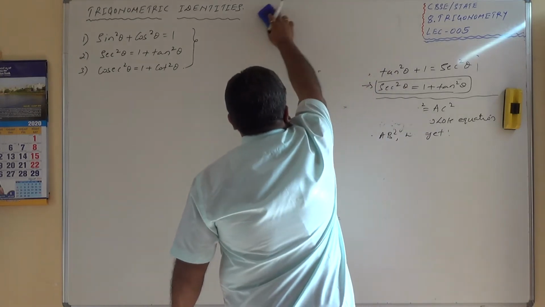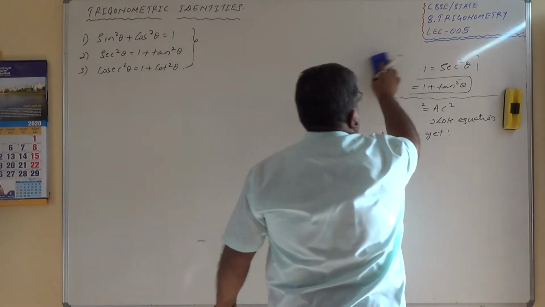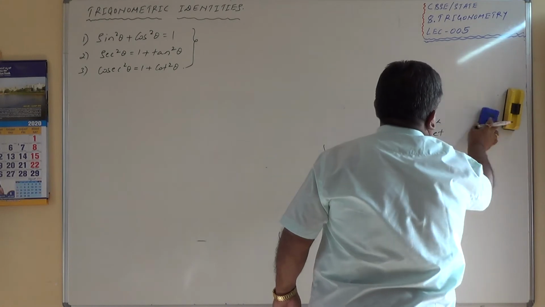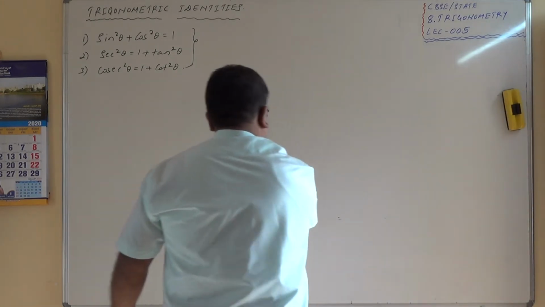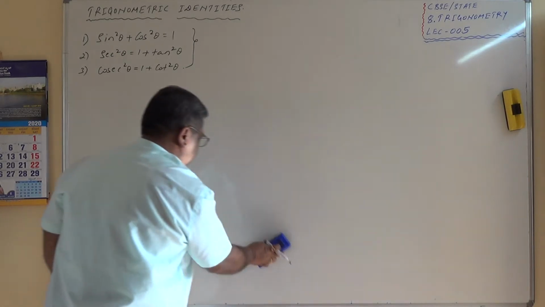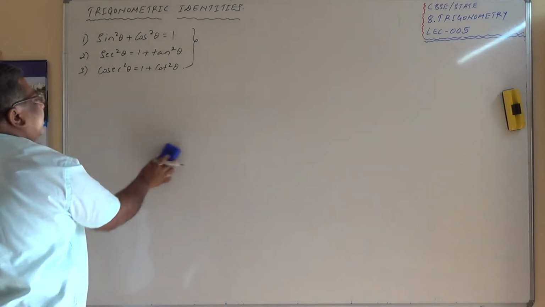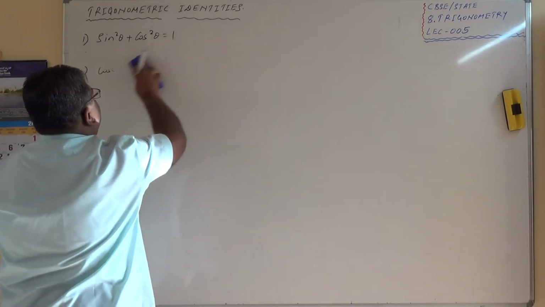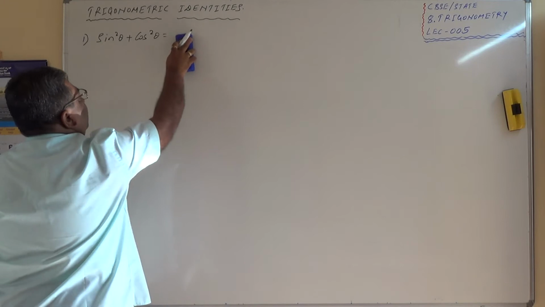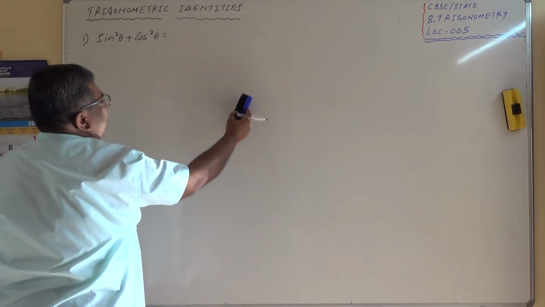You can see the small manipulations also, how we do them in order to arrive at the identities. Okay, fine, let's start now. Under the title of identities, I'll begin with the first one. You have to make a note of this.